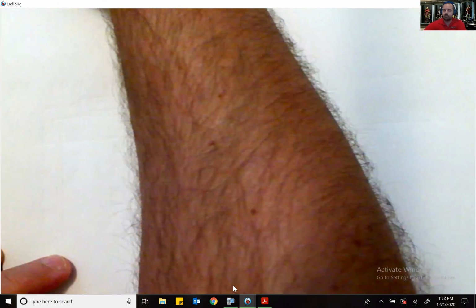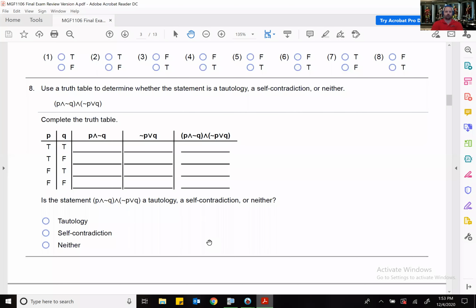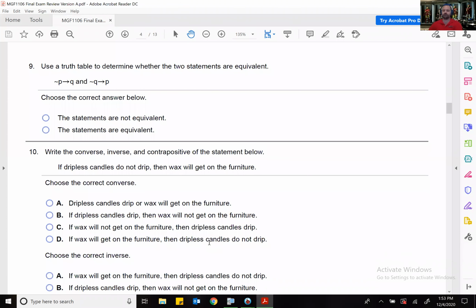Moving on to number 9. So we want to know if the two statements are equivalent. How do we tell if two statements are equivalent? What do we got to do?